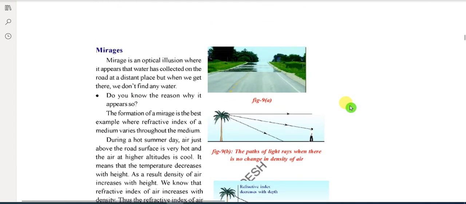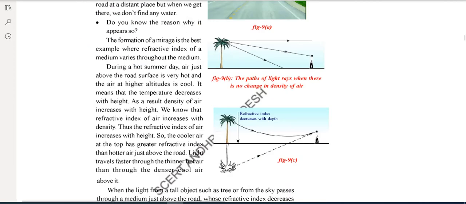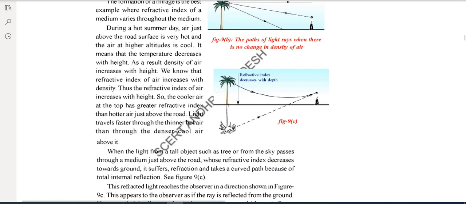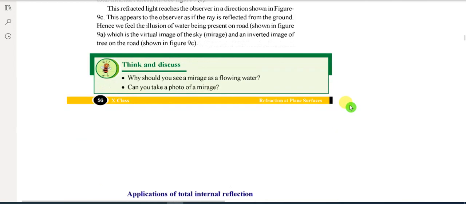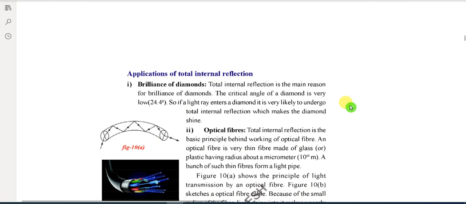First, mirages. Yes, mirages, an optical illusion, is the main point. Mirages are due to total internal reflection, very, very important. Another application of total internal reflection is the brilliance of diamond. The main reason is total internal reflection.